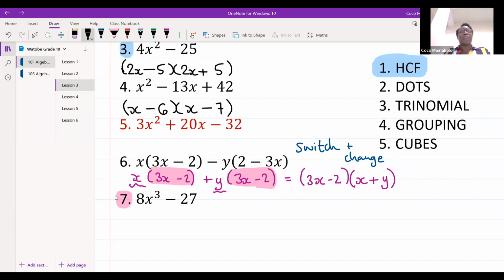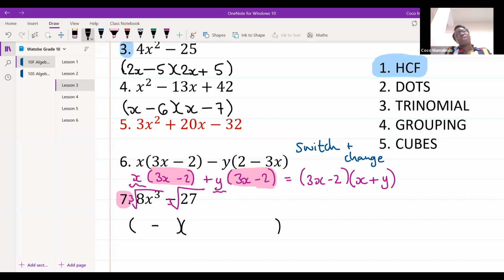So when I see a cube, again, I open 2 brackets. It's just that the last one is going to be a little bit bigger. With a cube, I'm going to cube this whole thing and cube this whole thing. I'm going to cube them both. Then I know that in the middle, this sign stays the same. So I'm still going to have a minus here.